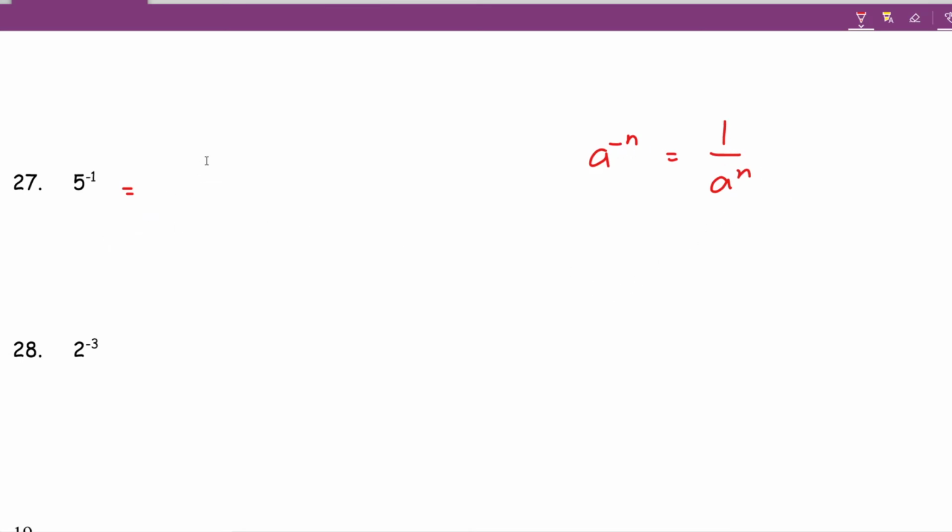Okay, so that will be the same as 1 over 5 to the 1, which is just 1/5. And this one will be 1 over 2 to the power of 3. So the 3 has become positive because I put it over 1. So that then becomes 1 over 2 cubed, as we said earlier, was 8, so that's 1/8.